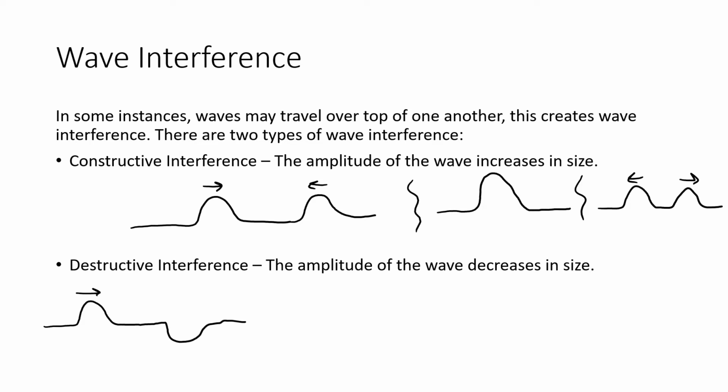So if one wave is traveling to the right and it's upwards, and one wave is traveling to the left and it is inverted, right when they cross, let's say they're exactly the same size, for that brief moment they will destructively interfere, giving what appears like no wave. They've reduced each other's size momentarily as they pass through one another.